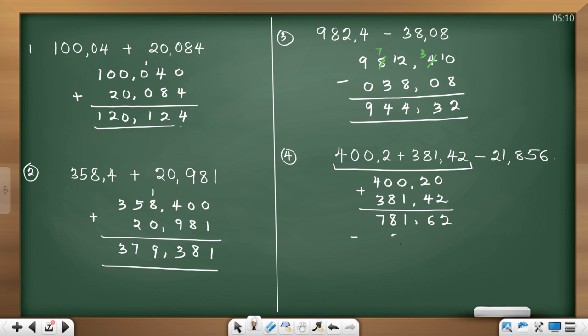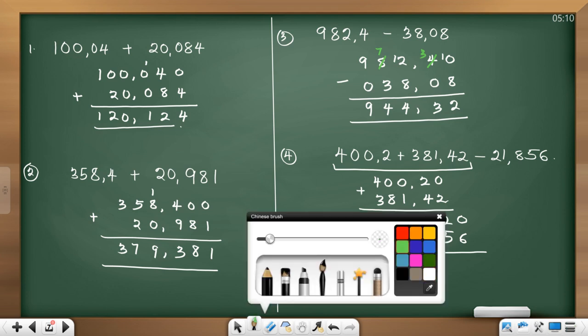Now, minus 21,856. We have to put a 0 there. Now, what do? Okay, if you look at the 0, we have a problem. We cannot subtract 6 from 0, so we borrow 1.